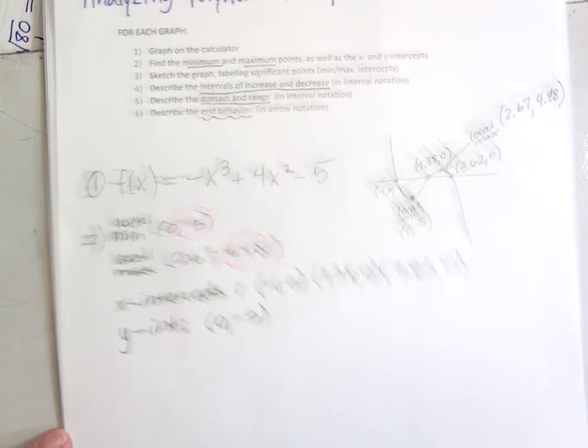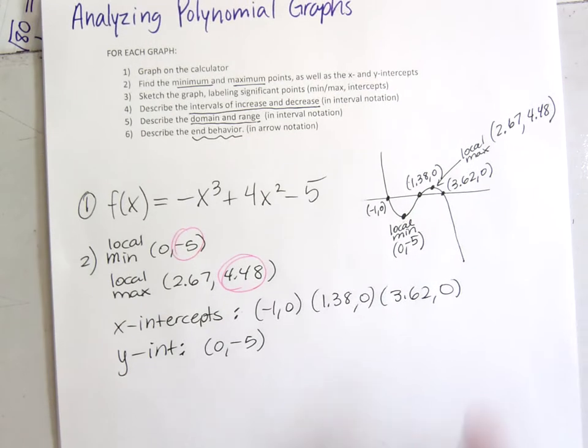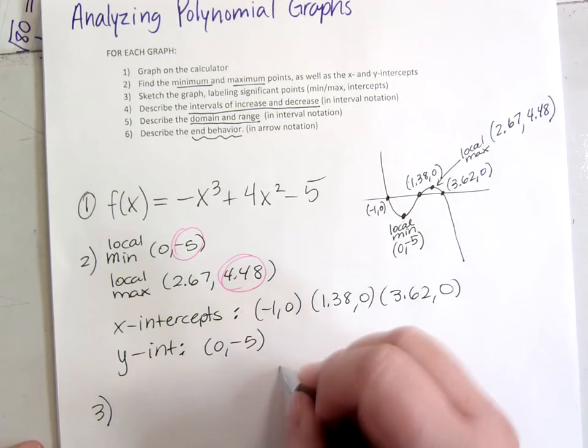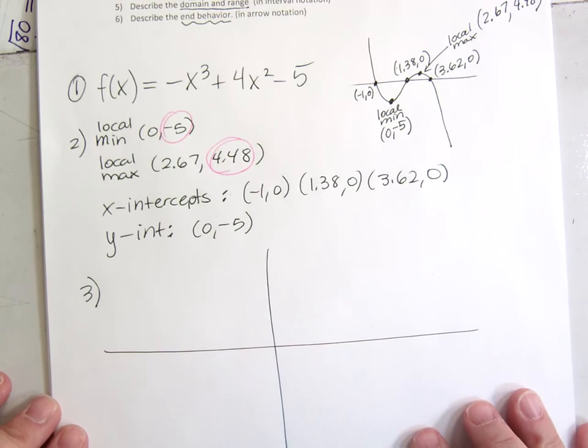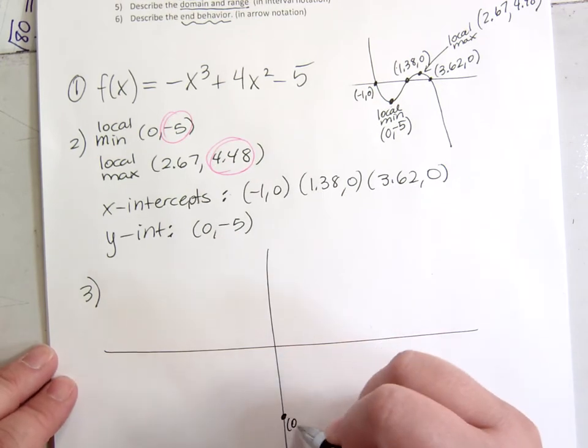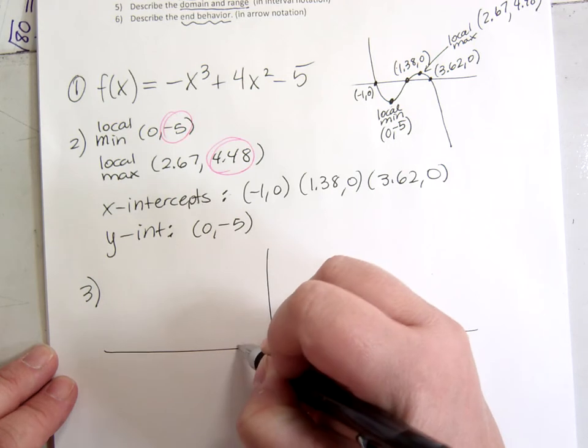Sketch the graph labeling significant points. So that basically just means do a better job than this. Let's go ahead and just make it a little bigger. I do mean kind of rough sketch when I say this. I want to put all those points on there first that I know it goes through.